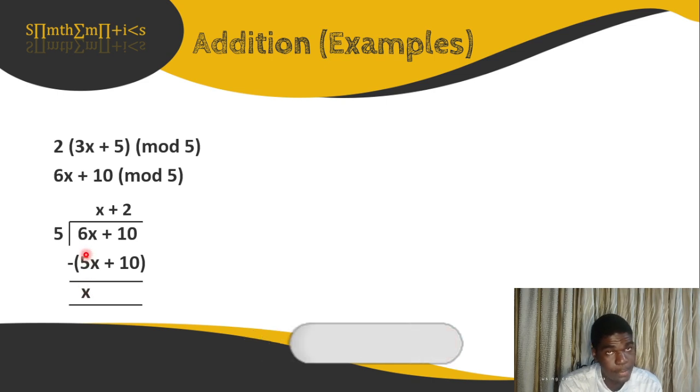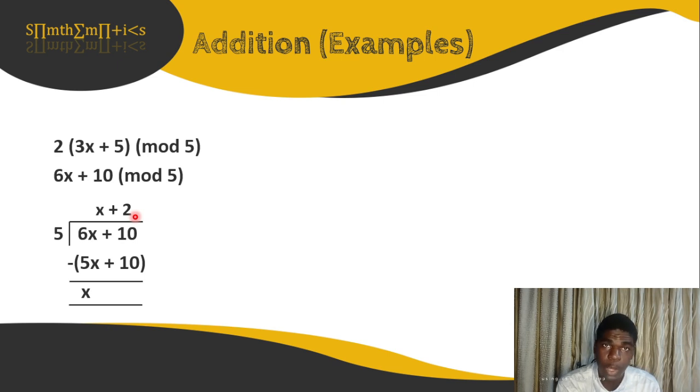So we can safely say that 6x plus 10 minus (5x plus 10) will give us x. So when we divide 6x plus 10 by 5, we get x plus 2 with a remainder of x.